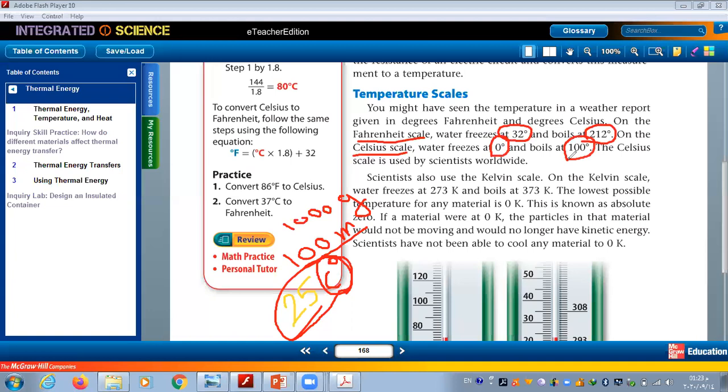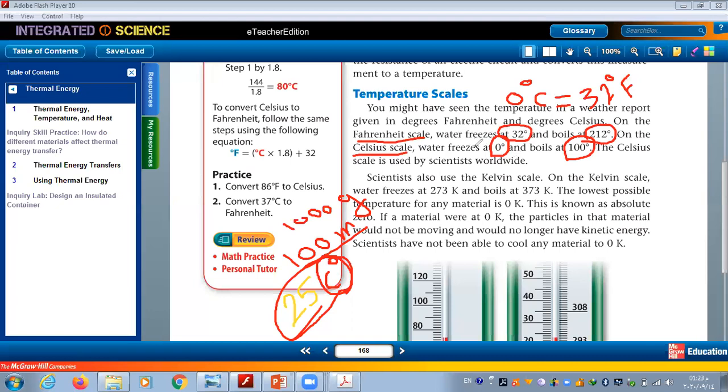So you can deduce from here that 0 degrees Celsius equals 32 degrees Fahrenheit. Water freezes at 32 on the Fahrenheit scale, and at 0 degrees on the Celsius scale.